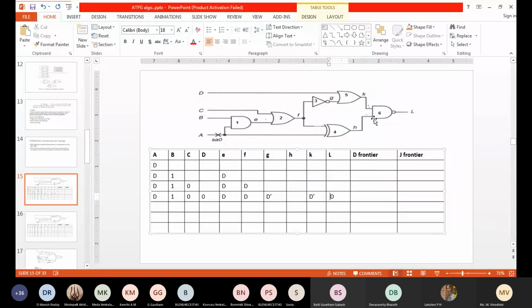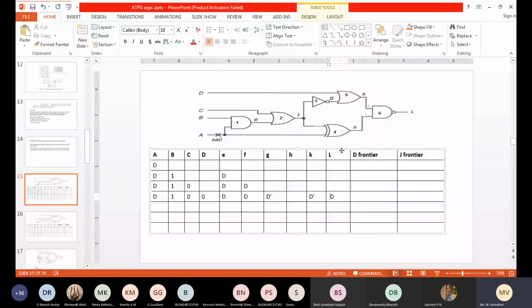Clear? Okay, ma'am. This concept, this logic you will be using in path sensitization, D algorithm, and PODEM. So please remember all these 3 algorithms use this concept. And this is the same always, default. There won't be any change. So please remember.